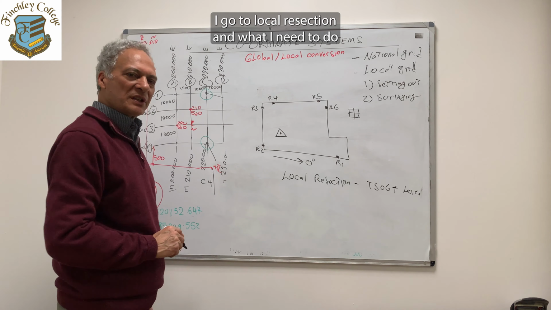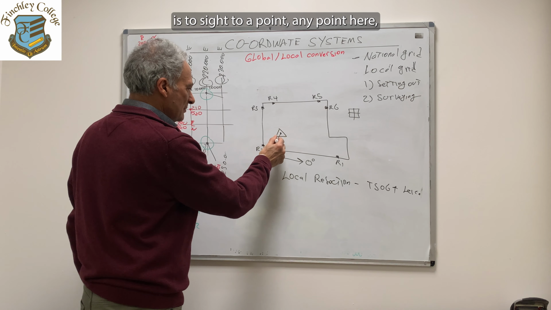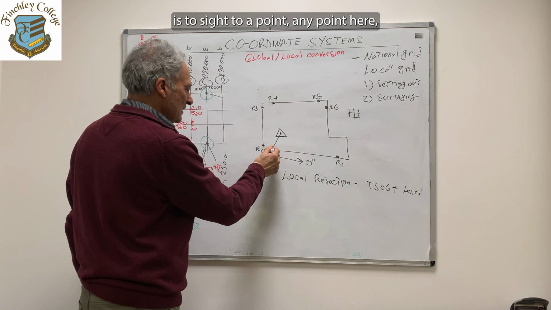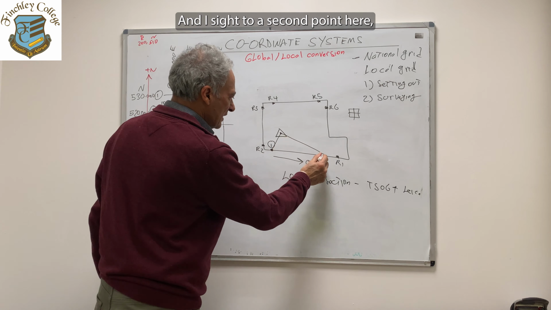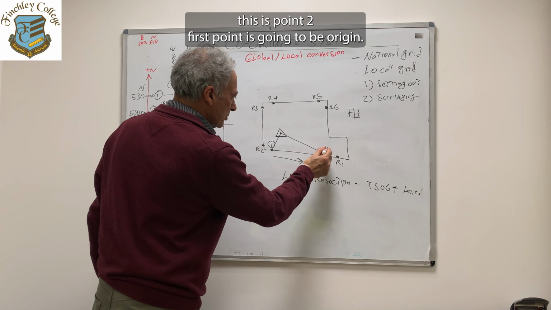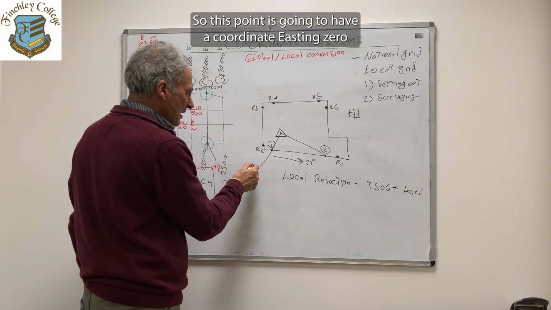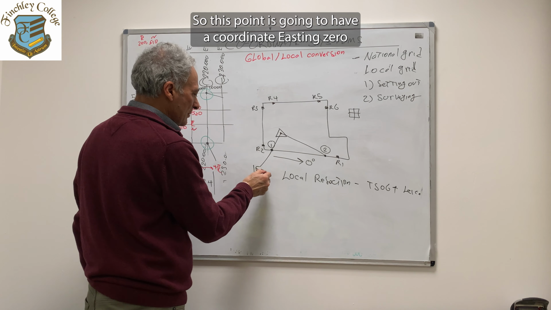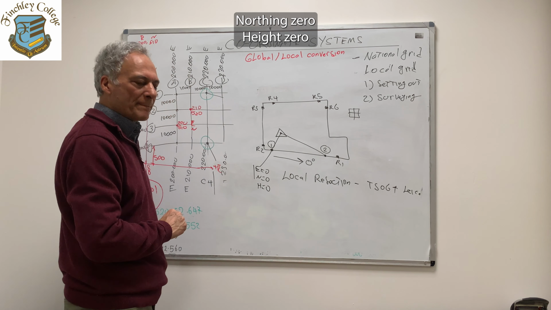I go to local resection, and what I need to do is to site to a point, any point here. This is point 1. Then I'll site to a second point here. This is point 2. The first point is going to be the origin, so this point is going to have coordinates easting 0, northing 0, height 0.